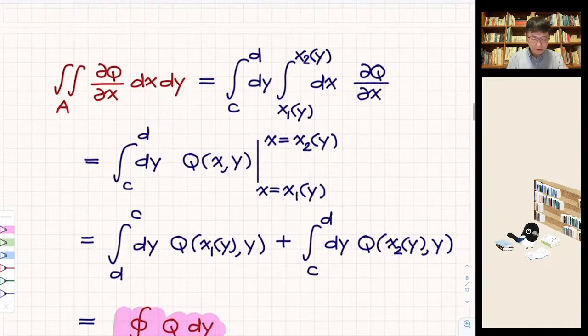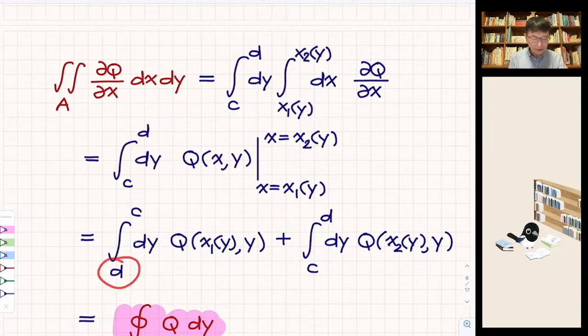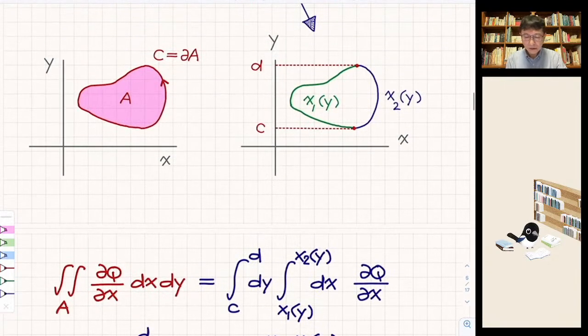On the other hand, you have integrations from D to C, but now it's following x1. So you're going from D to C, but then following the specific x1 and y relation. So that's basically following this contour. So if you add both together, then you get a counterclockwise contour integral.